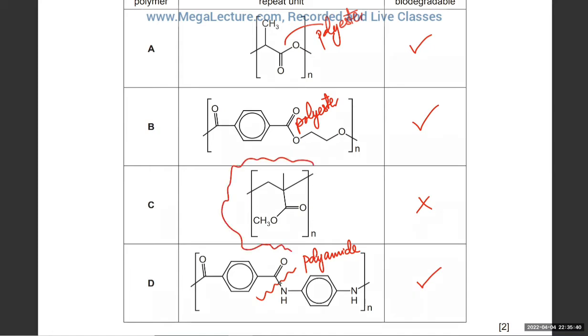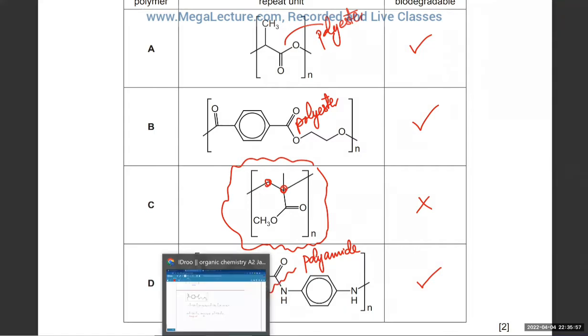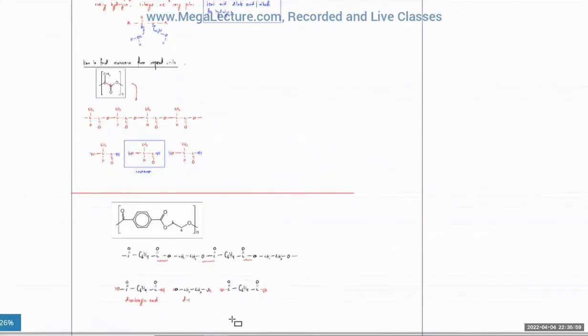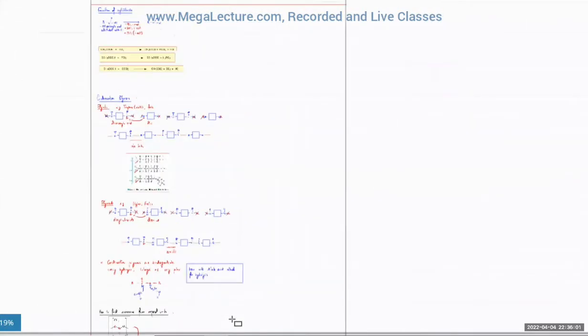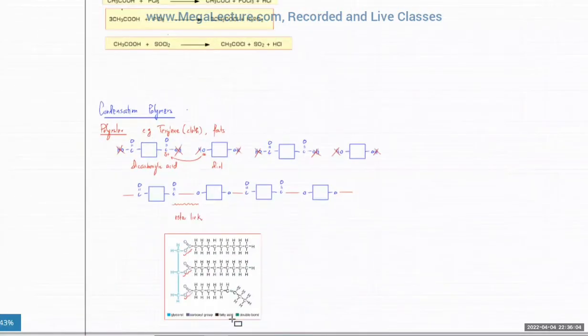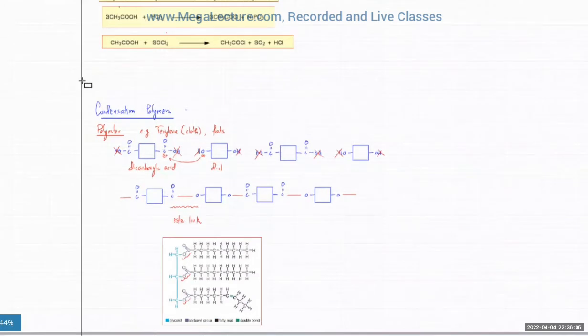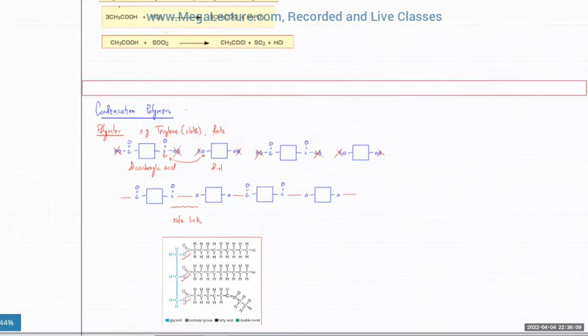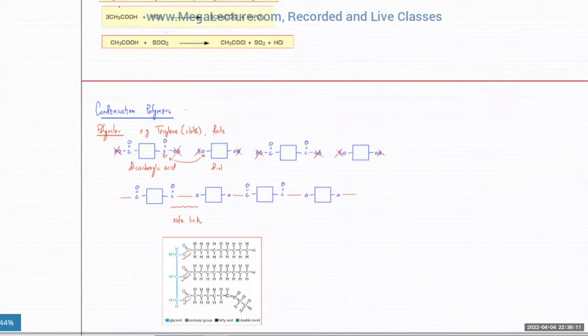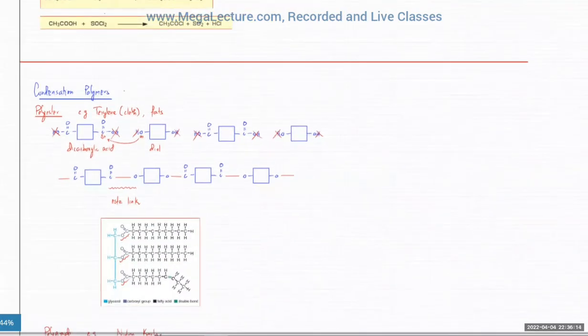And what type of linkages does this have? Okay, what's the type over here? This one, remember, is an addition polymer because there are no linkages. It's just a carbon chain. So remember, these addition polymers, which you've studied in AS as well, are not biodegradable.